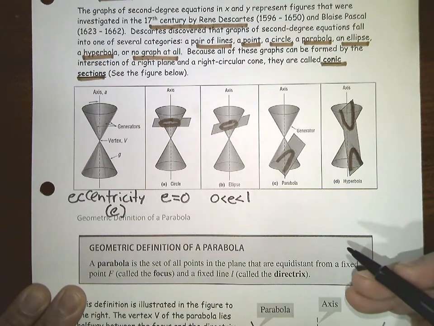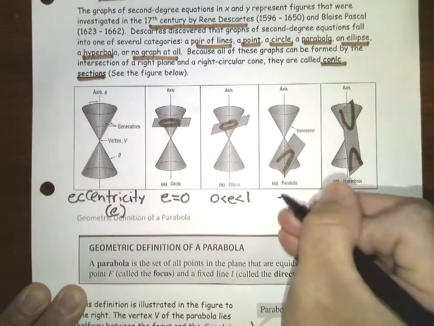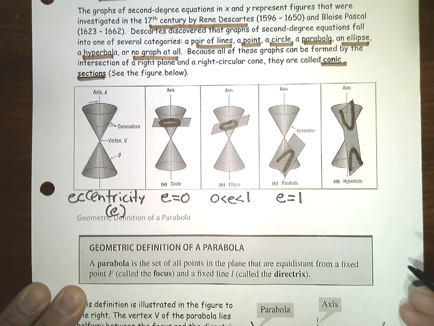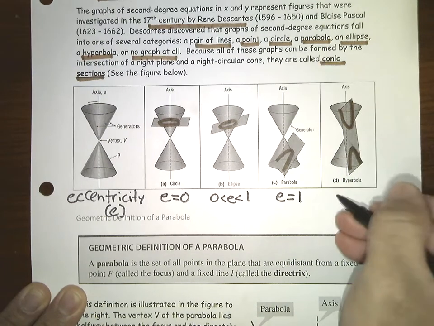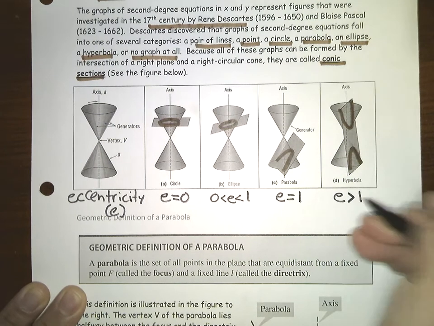For a parabola, the eccentricity is equal to 1, and for a hyperbola, the eccentricity is bigger than 1.